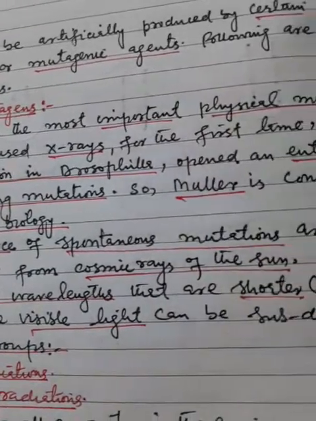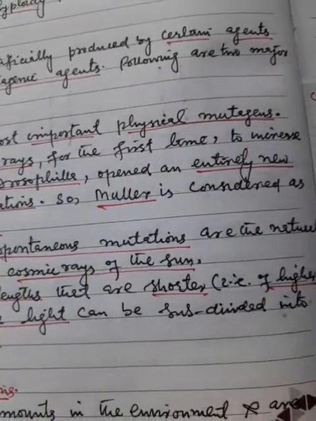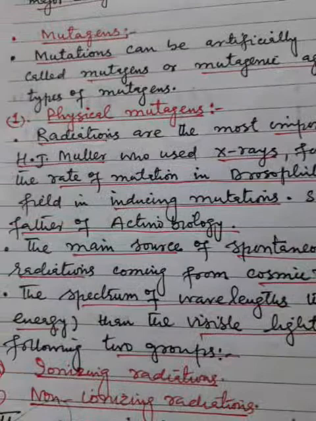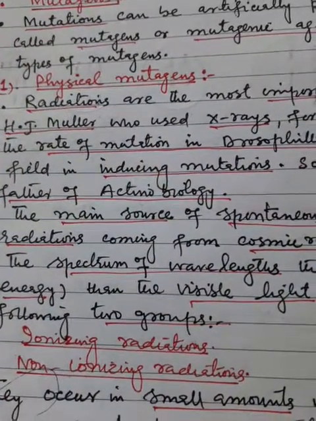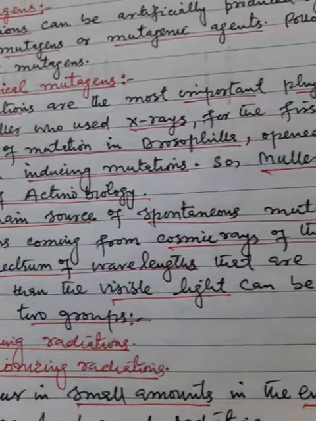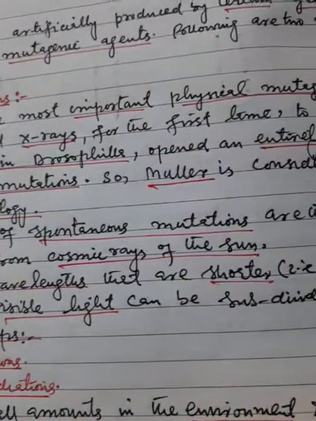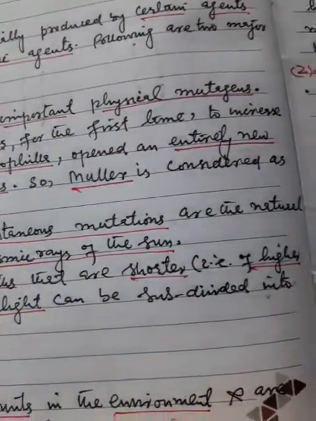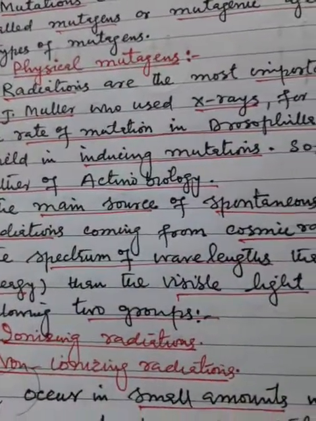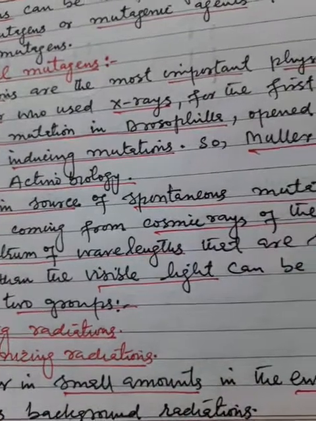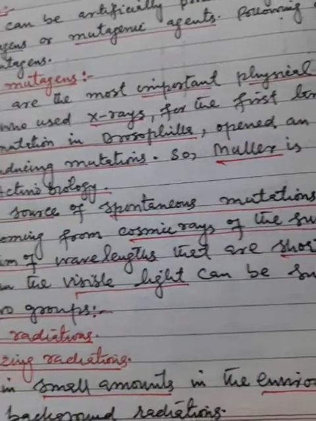So Muller is considered the father of actinobiology. The main sources of spontaneous mutations are the natural radiations coming from cosmic rays of the sun.